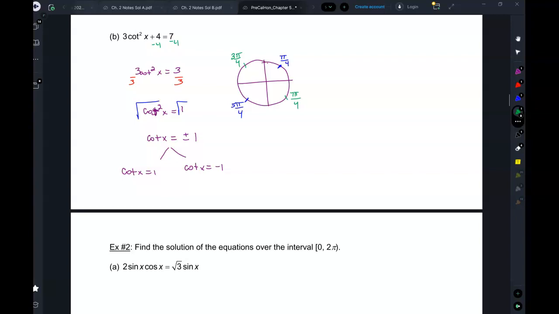When I'm going along the unit circle, I can go from one solution to another solution in 90 degrees time, or pi over 2 time. Then I can hit another solution in another pi over 2, and another solution in another pi over 2, and another one in another pi over 2, and so on and so on. So what I say is x is pi over 4 plus pi over 2 n, right?